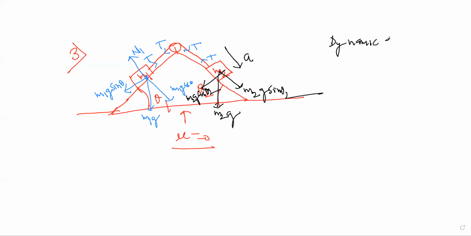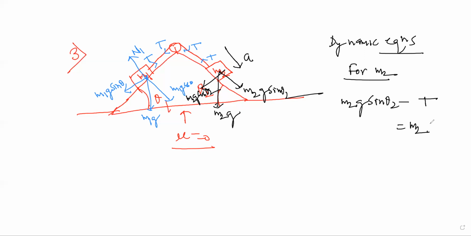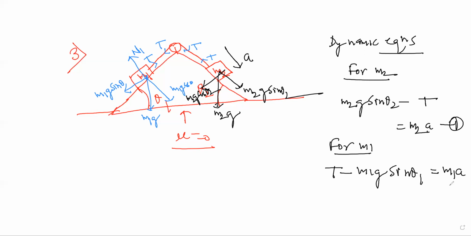Dynamic equations for M2: M2g sin theta2 minus T is equal to M2 times a. This is the first. And for M1: T minus M1g sin theta1 is equal to M1 times a.